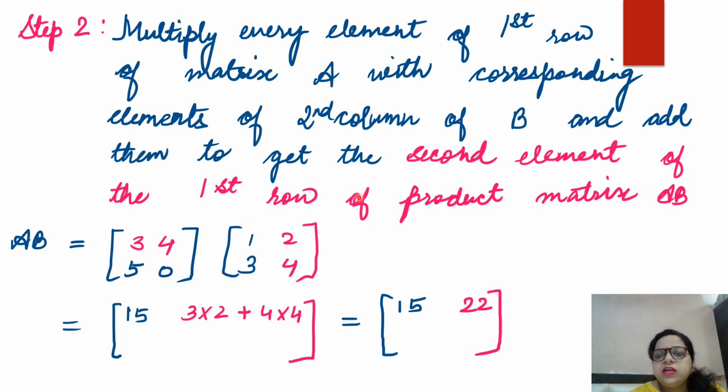Now you have to find the second element of the first row. So 3, 4 into 2, 4. 3 twos are 6 and 4 fours are 16. So 6 plus 16 is equal to 22. So you got the next number in the first row, that is 22.